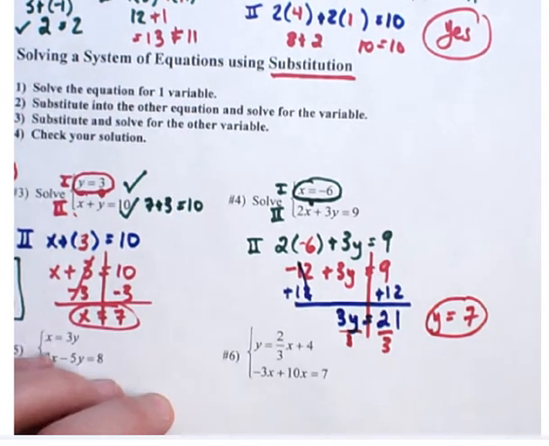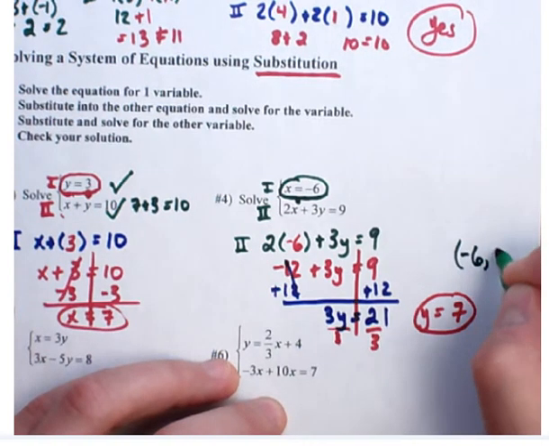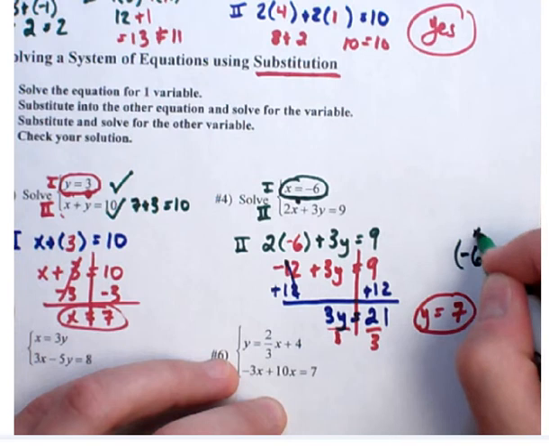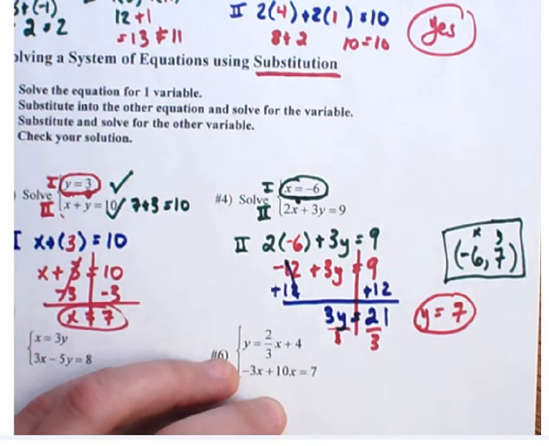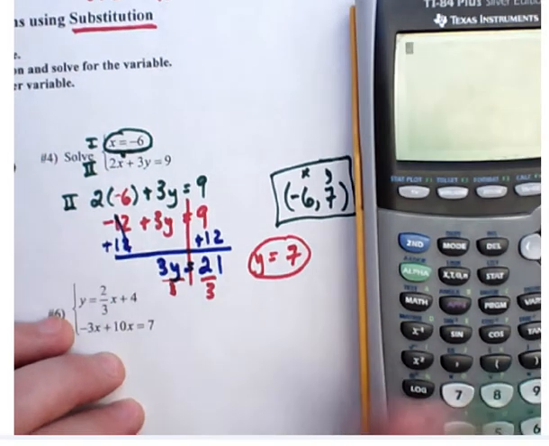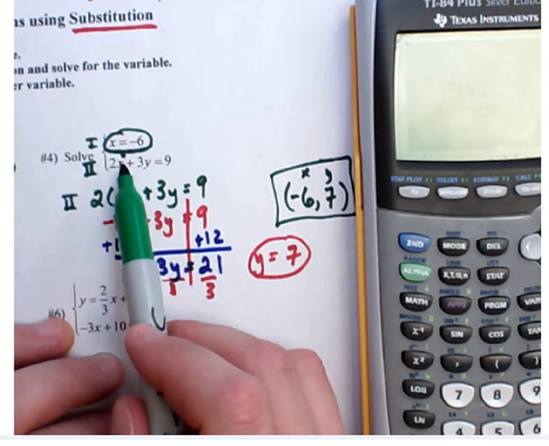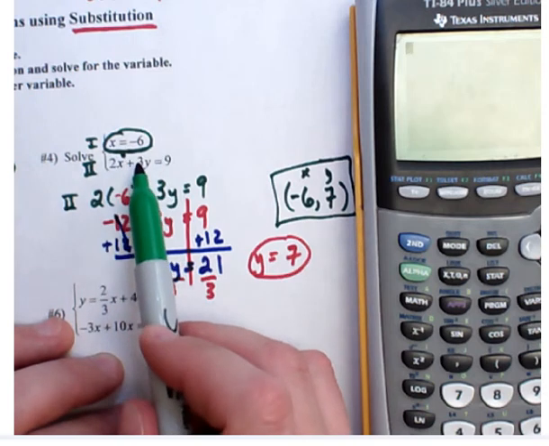So the answer, we're going to write it as an ordered pair. X is -6, y is +7. Does it work? Well, this time I'm going to use the calculator to help me out a bit here. X equals -6, well that's good. How about the second equation, 2x plus 3y is equal to 9?